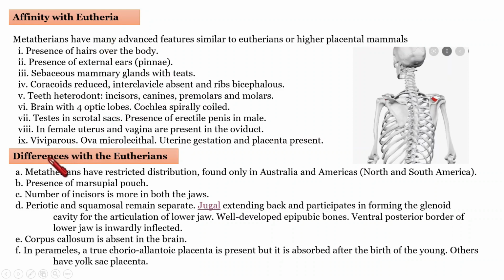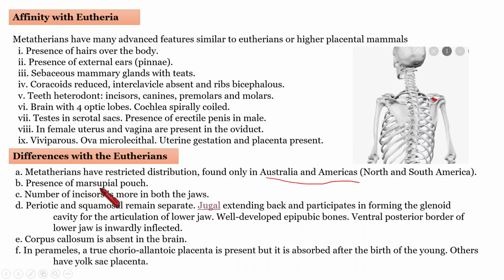Next, we are going to see the difference of metatheria with eutherians. Metatherians have a restricted distribution, that is mainly in Australia and America. But in the case of eutherians, they have a wide distribution. That is one difference of the metatherians from eutherians.